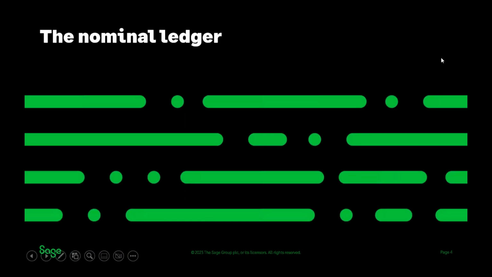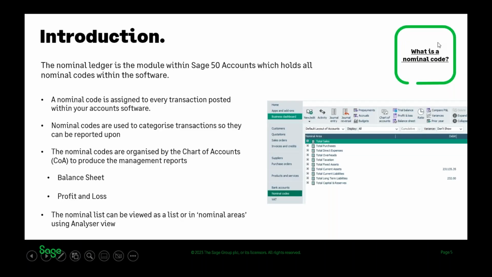Okay, so first of all, we're just going to talk about the nominal ledger itself. So what is the nominal ledger? The nominal ledger, also termed nominal codes within your software when you're looking down the left-hand side, is a list of all the nominal codes within your software. Now, when you're posting, every single transaction you post will need nominal codes.